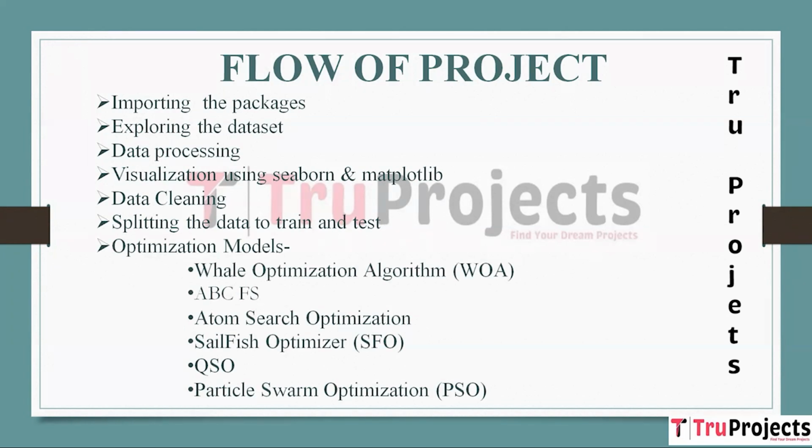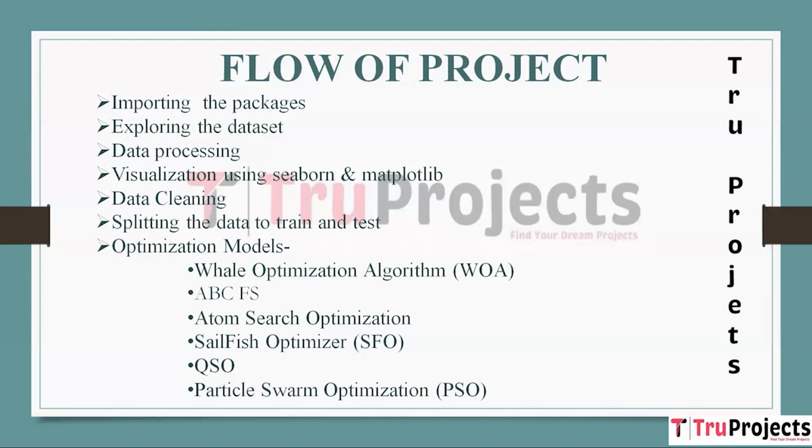WOA is a nature-inspired meta-heuristic algorithm inspired by the hunting behavior of humpback whales. It mimics the social behavior of whales to optimize complex functions. In the context of the project, WOA is applied to optimize parameters or features relevant to assessing student satisfaction levels in online learning.